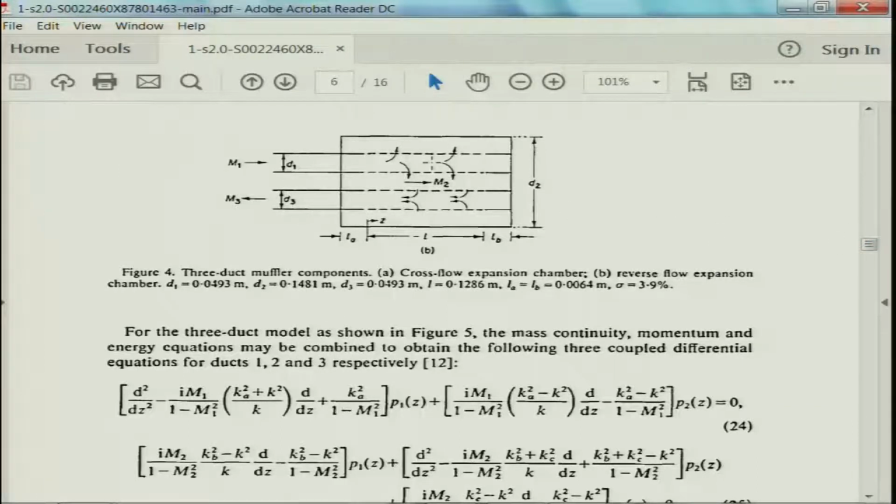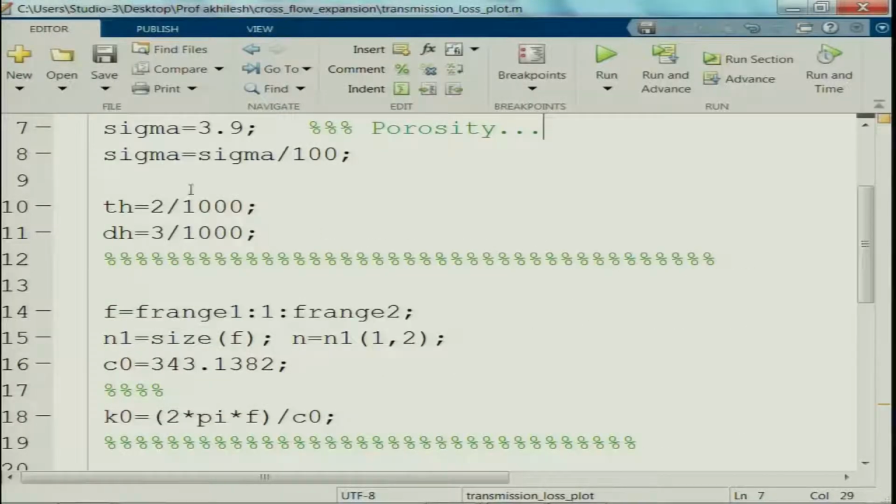Of course, with almost zero porosity you will not have any transmission loss, because the waves cannot go through, so you need a certain non-zero value. They have chosen a duct with very low porosity, but that is okay. The hole diameter is something that I have chosen.